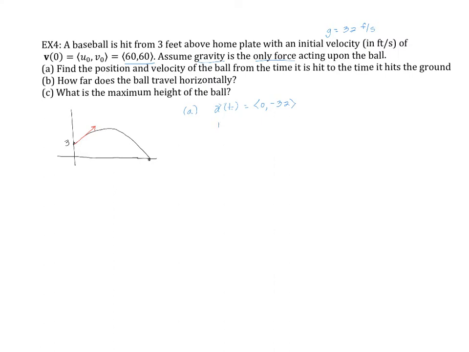And I do have that my initial position is 3 meters, or I'm sorry, it should be 3 feet above, I'm so used to working with meters, above the ground. So this is going to be the vector 0, comma 3. And then I also know that my initial velocity is the vector 60, 60. So I have all this information.